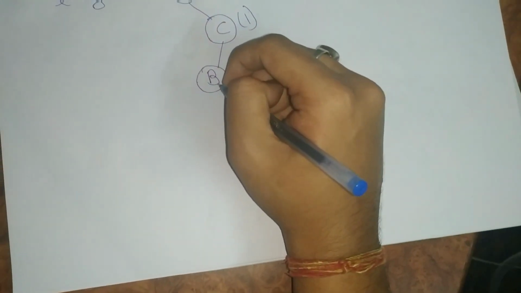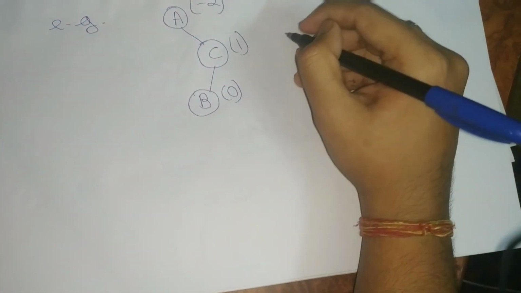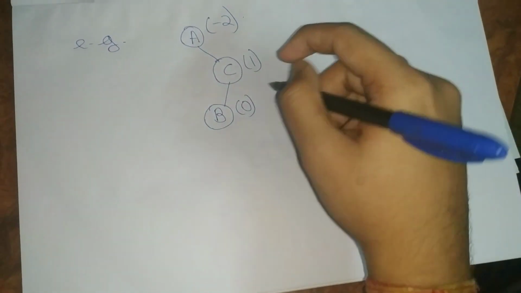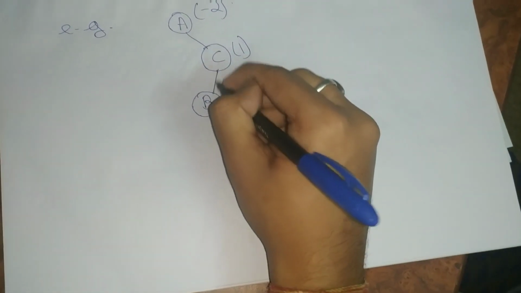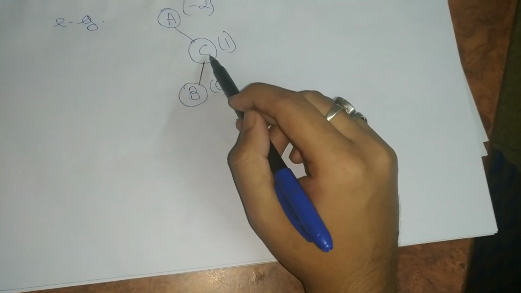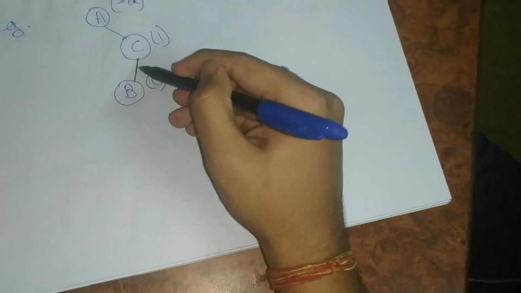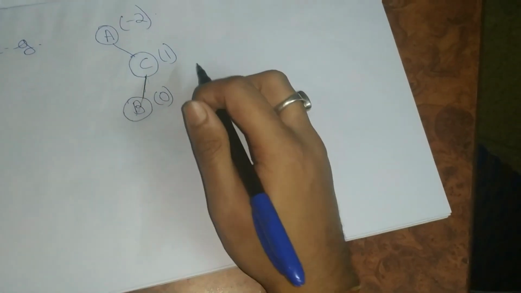So we are inserting B. Okay, so after inserting B, I am skipping this step. So this will be left of the right subtree, means left of the right subtree.